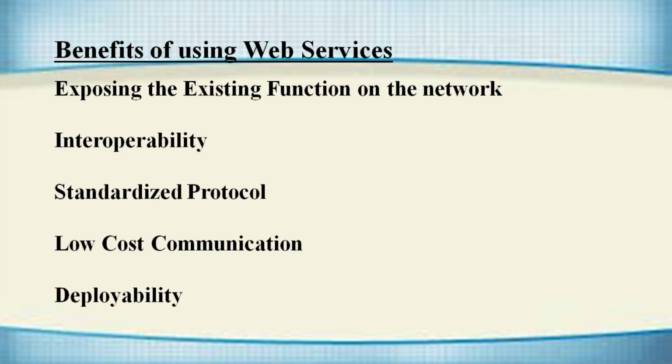We invoke the code by using HTTP, that is, it can be activated using an HTTP request. Web services allow you to expose the functionality of your existing code over the network. Once that code is exposed on a network, other applications can use the functionality of your program. So it's an advantage when we expose our function on a network.